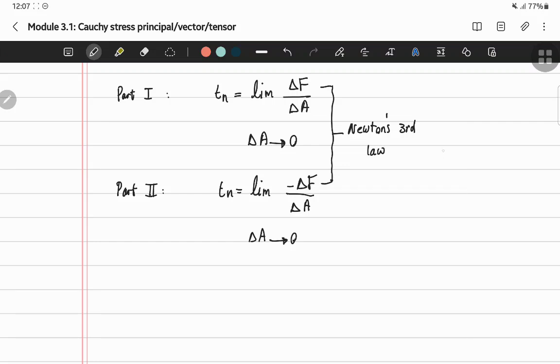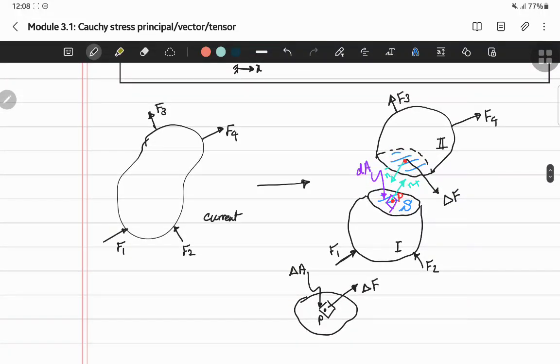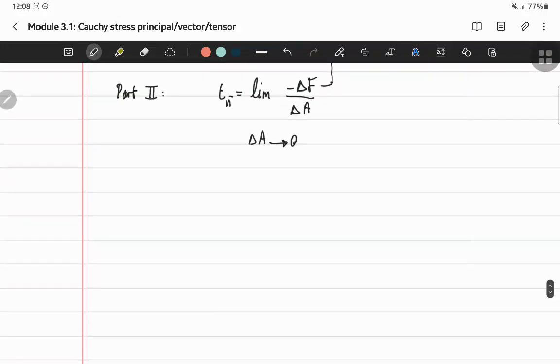From here, sorry, this is Tn on n negative, and this is n positive, because here we said that n on the lower part is positive, and here n is negative in this direction.